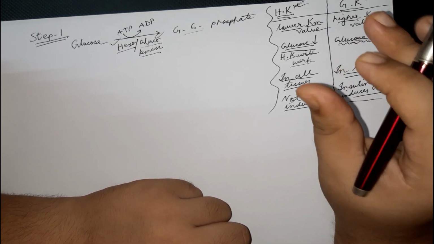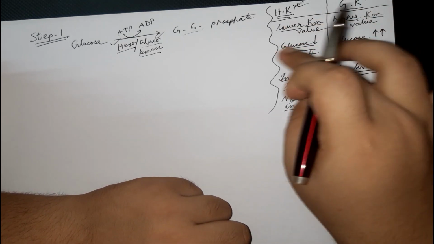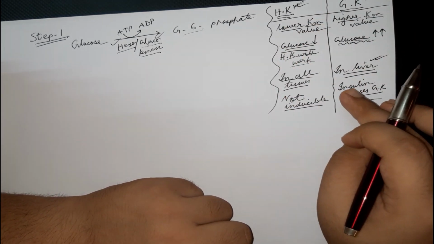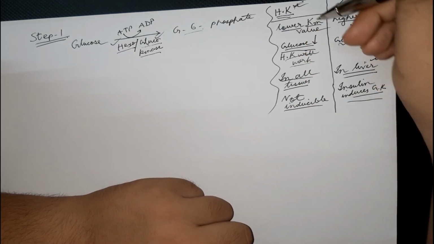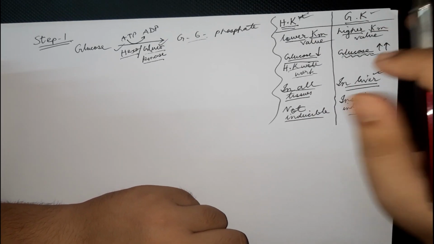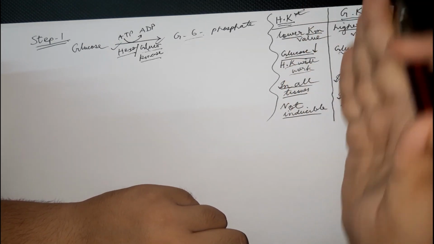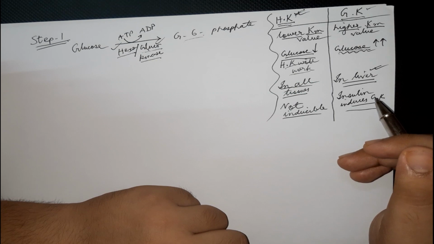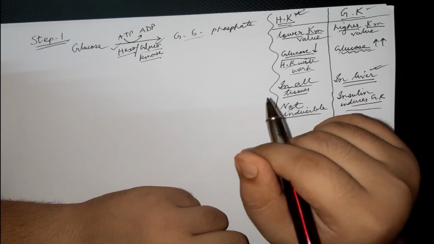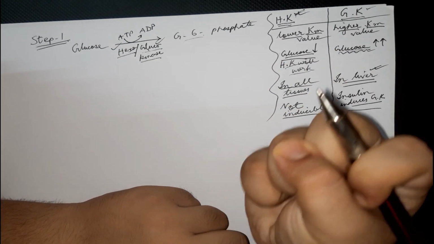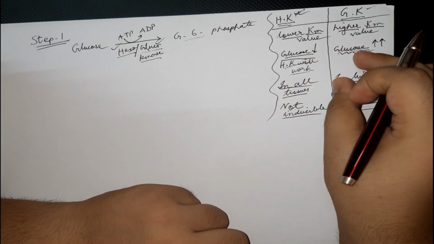So what I'm trying to point out here are not individual points of difference. They all together make up a profile. All the points here are related to each other, and this connectivity is what will help us retain this information.